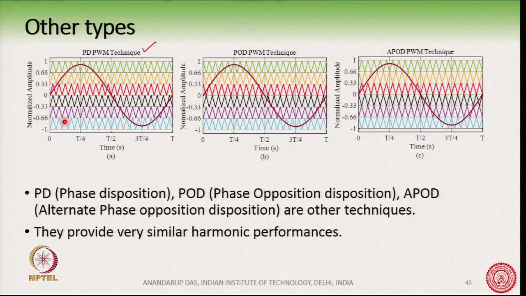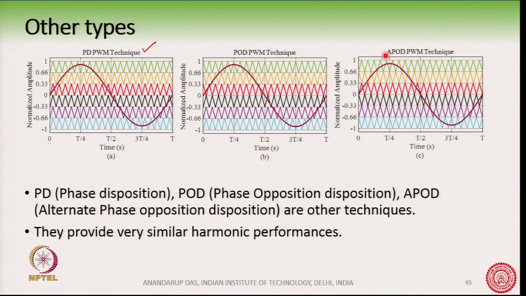There are other techniques also, like phase opposition disposition PWM, where you see these three carriers are identical, but vertically phase shifted, but these three lower ones are 180 degree phase shifted to the top ones. This one, this one, this one, these are 180 degree phase shifted to the top ones.